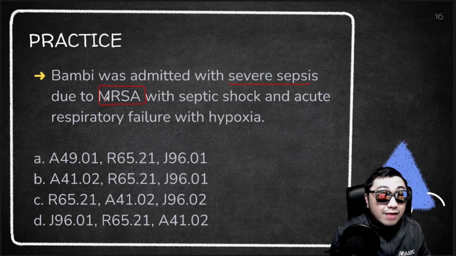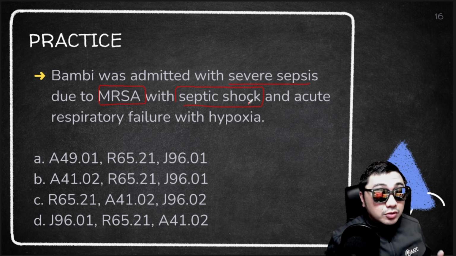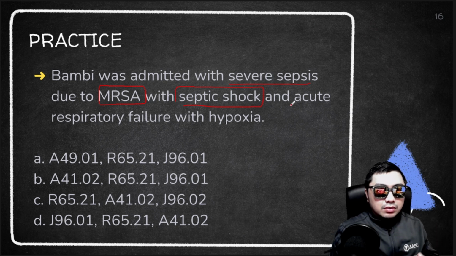So again, you have to be familiarized with your terms, especially abbreviations and acronyms like this. With septic shock. So again, we will be using your R65.21 here since septic shock was mentioned. Again, there are some exclusions for that, especially with your post-procedural sepsis. But again, refer to the guidelines I showed you earlier.